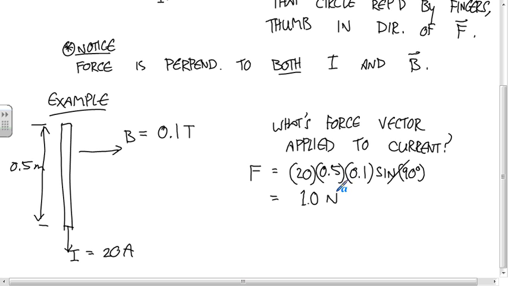And so the right-hand rule: if I is this way, B is this way, your fingers are like that, and so the force vector is out.